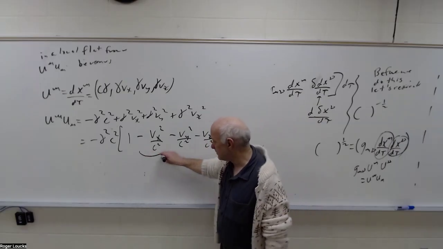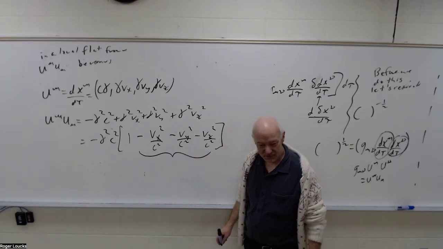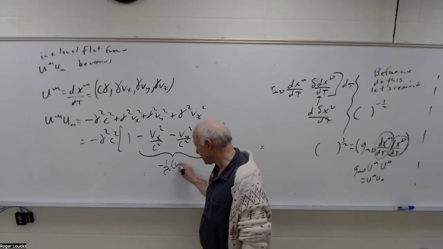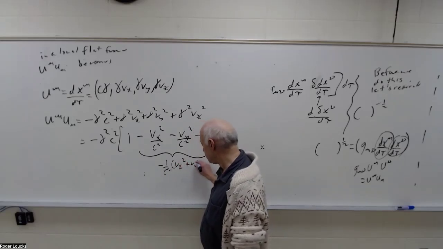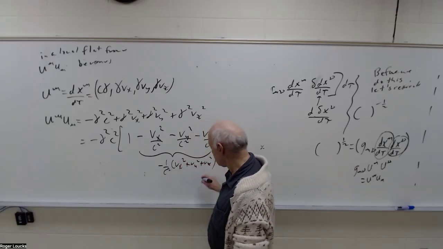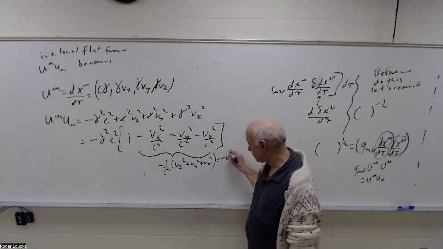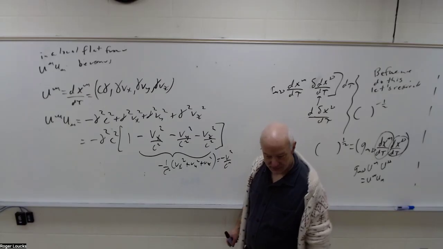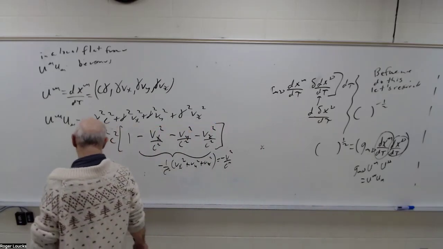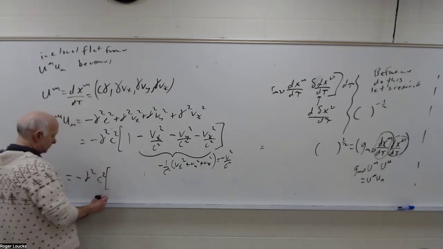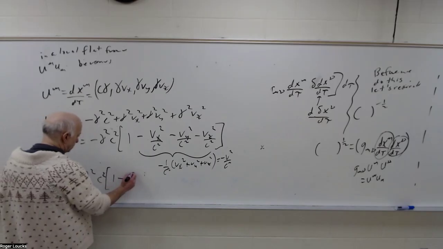Does this have another name? I can pull out the c squared, and this is Vx squared plus Vy squared plus Vz squared, which is the V vector squared. So I'm left with minus gamma squared c squared times 1 minus V squared over c squared.